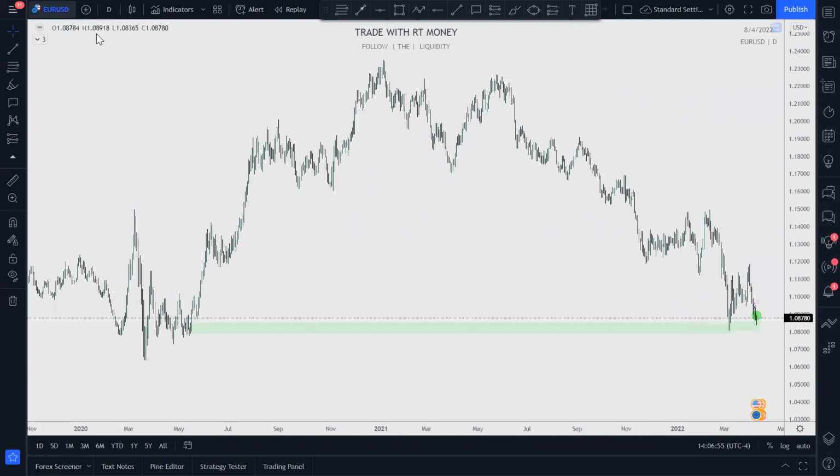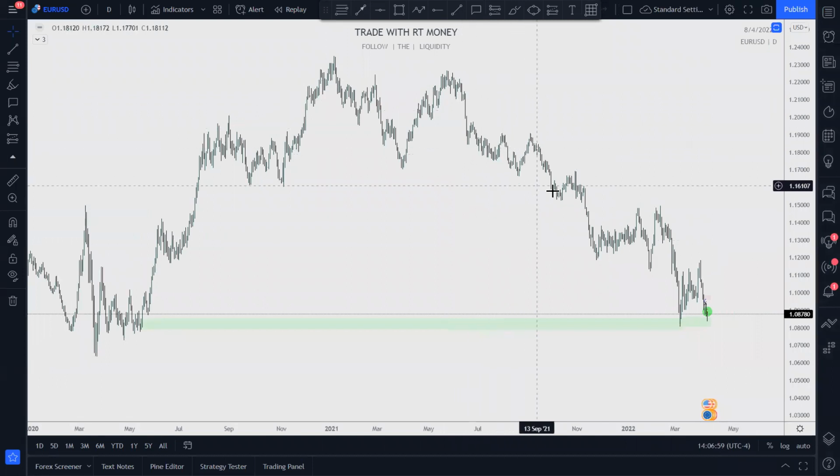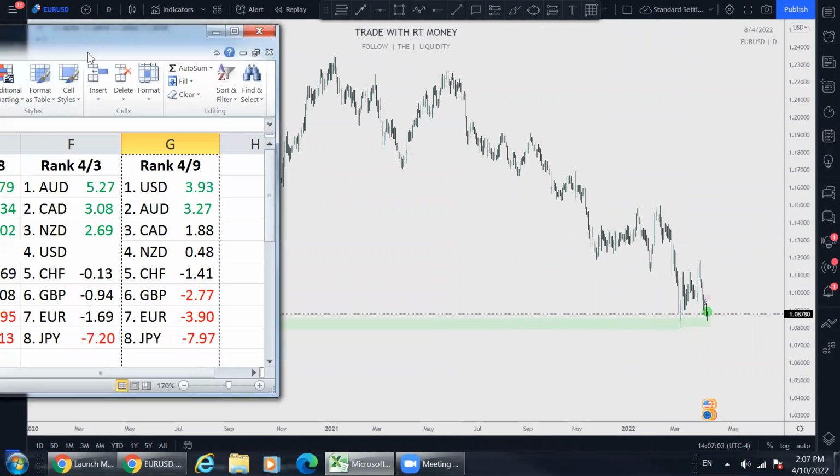I'm looking at Euro USD right now, and you can see the euro has been very, very weak. I have the RT money meter here, with the rankings showing USD at the top at 3.93. Aussie slipped from the number one position to the number two position, and the values changed from 527 to 327.